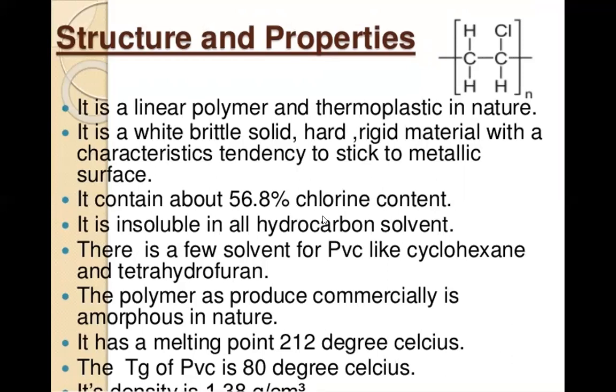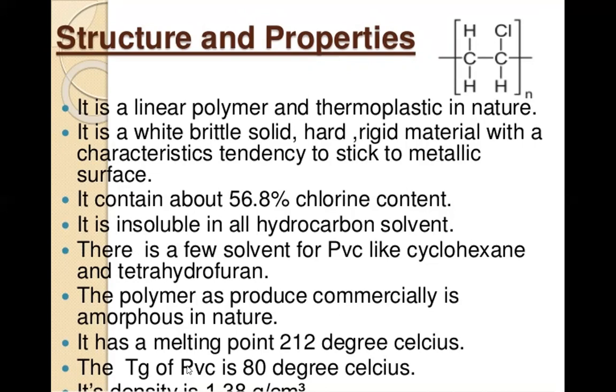There are a few solvents for polyvinyl chloride, like cyclohexane and tetrahydrofuran. And the polymer as produced commercially is amorphous in nature. It has a melting point of about 212 degrees Celsius.